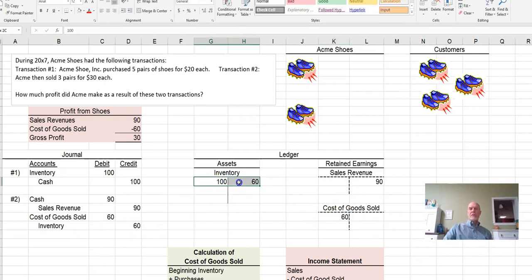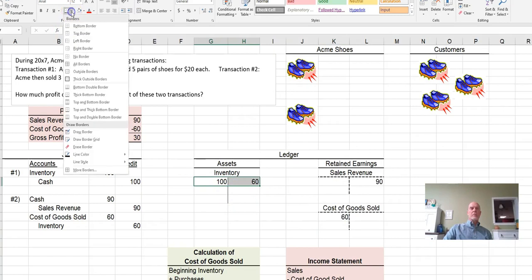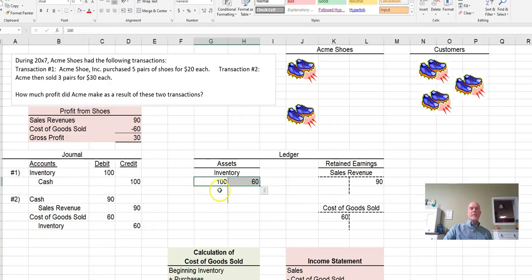So now in the inventory account, our balance is 40, and that 40 represents these 2 pair of shoes that we still have sitting on the shelf at $20 a piece. That was our cost, $20 a piece.